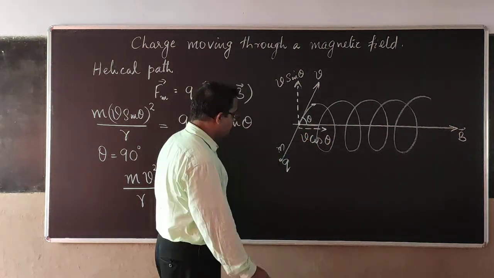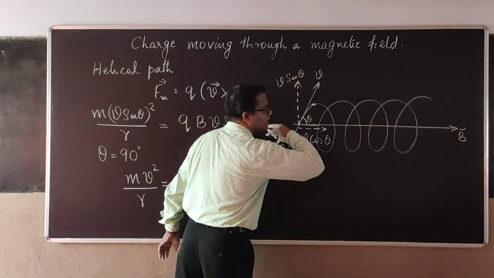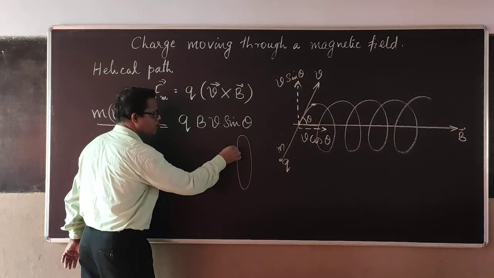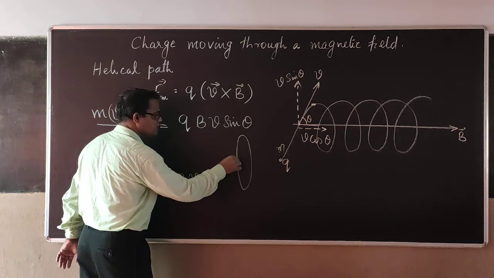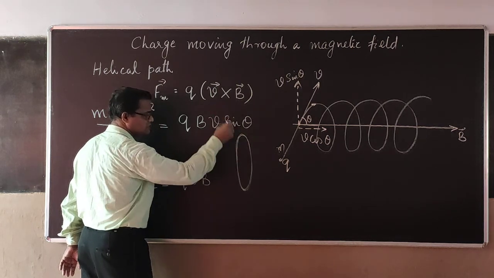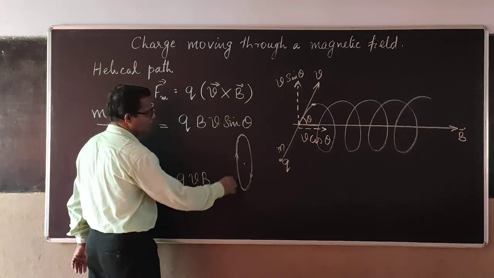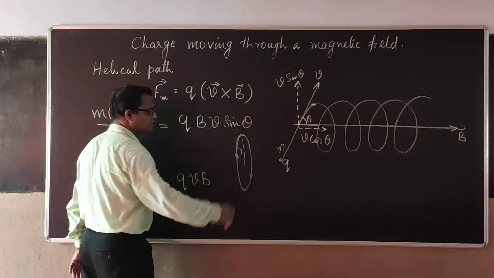That means the particle, instead of going like this, will be moving in a fixed circular path like this. It goes around in a fixed circular path of definite radius r.